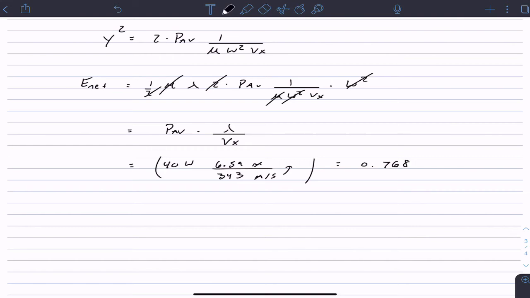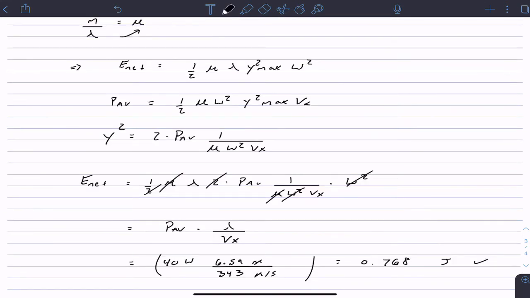Now let's check our units to make sure everything is okay. Watts is joules per second, which is a Newton meter per second, which is kilograms meters squared per second cubed, times seconds, because this second down here went up on top. That gives us kilograms meters squared per second squared, which is a joule. So we're in joules and we're good. So that's the value.